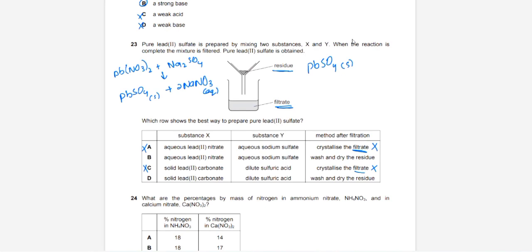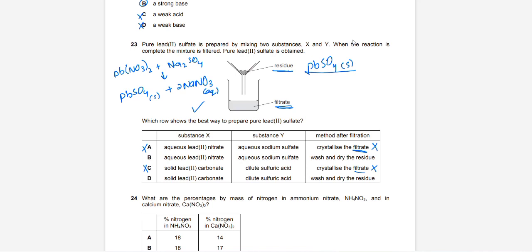So lead sulfate, PbSO4, you can see this one. This seems good, meaning the filtrate will be sodium nitrate, and this will be the residue. We'll wash it and dry the residue. It's okay. Now let's see the second way of preparing.